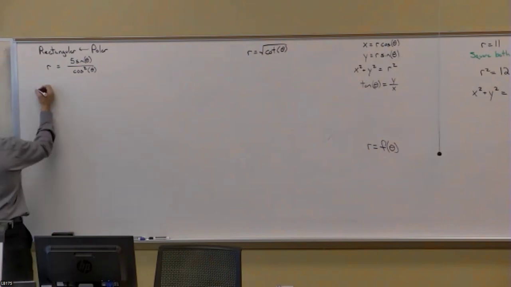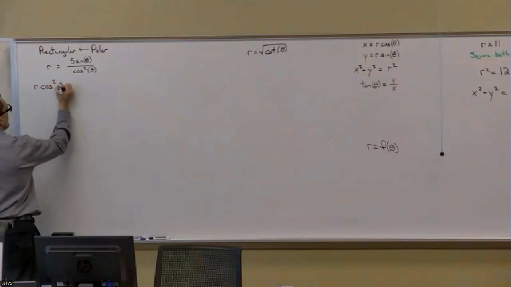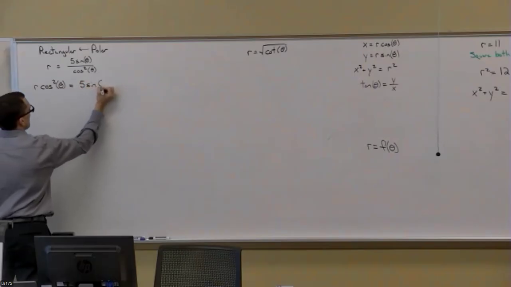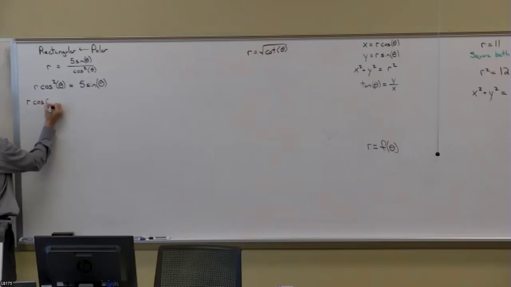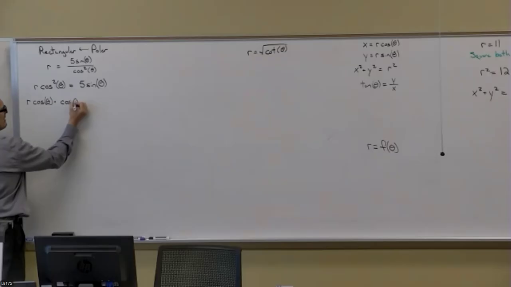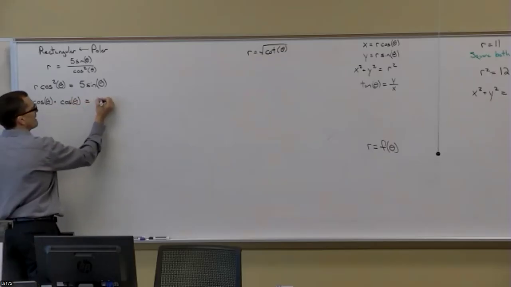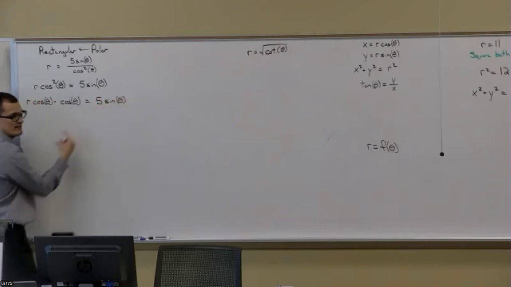Okay. So r times cosine squared of theta is equal to 5 times sine of theta. I have an r times cosine of theta and then an extra cosine of theta without an r on the left. And I have a sine of theta without an r on the right.